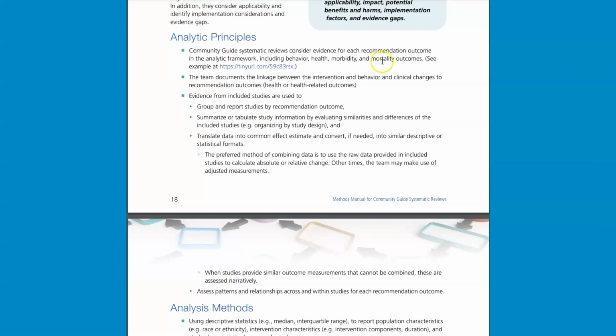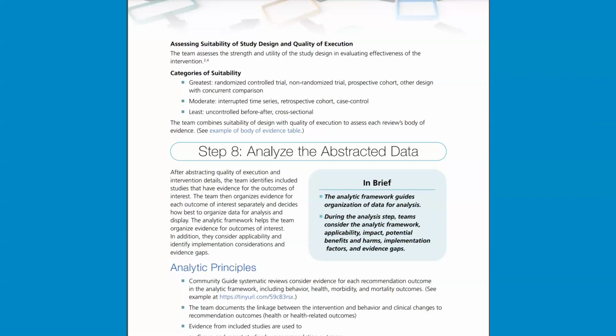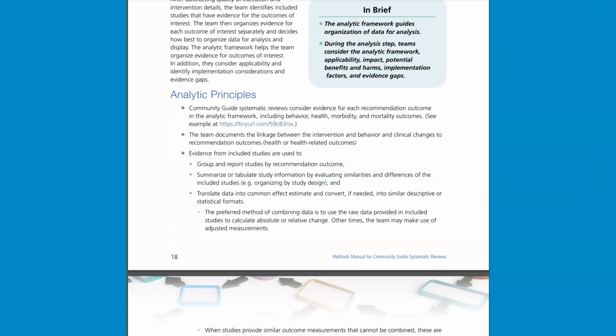So the final three steps, steps 8, 9, and 10, are kind of self-explanatory, and of course analyzing the abstracted data. Use the analytic principles that you may be familiar with, and the framework that was introduced, in order to understand behaviors, health, morbidity, and mortality outcomes.